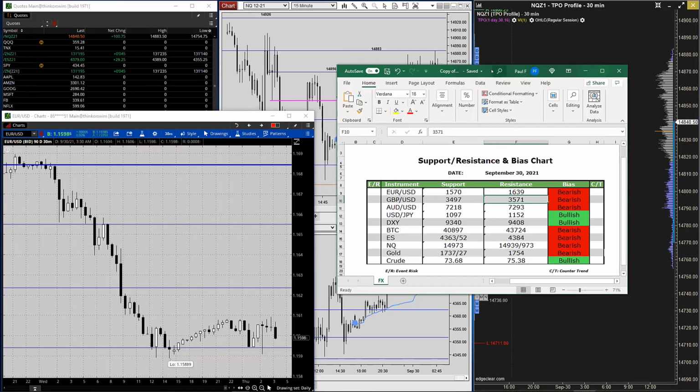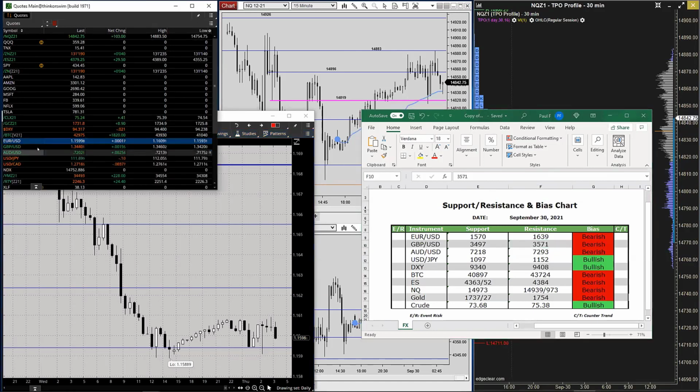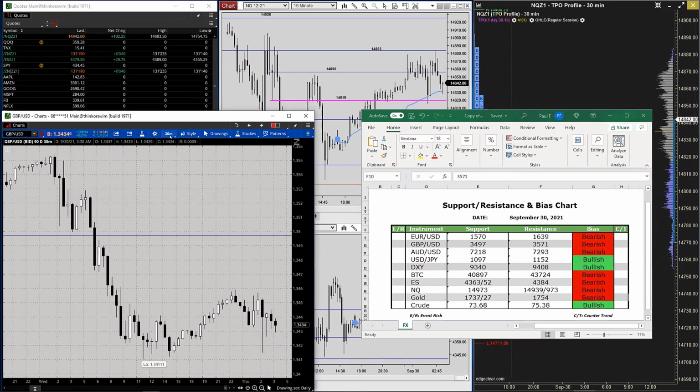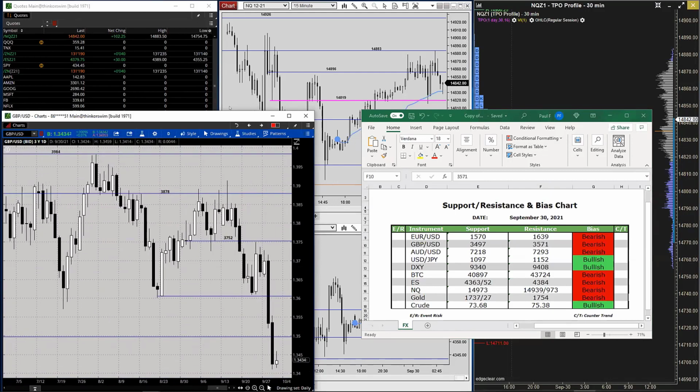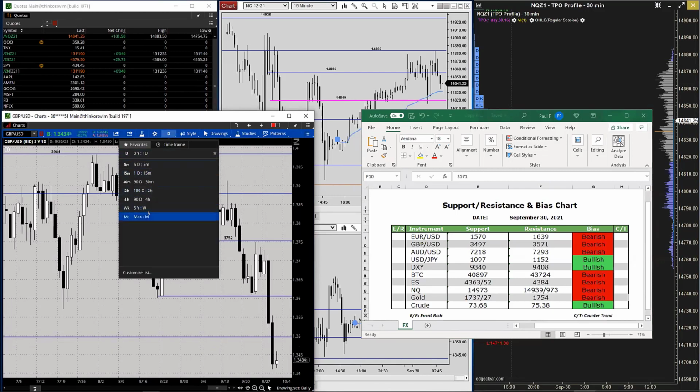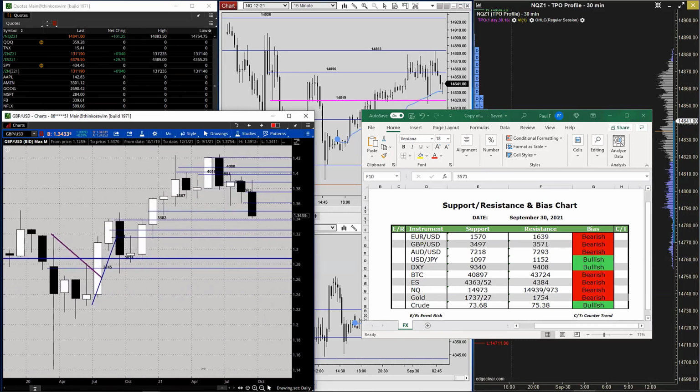And we'll move into cable. It's also taking a pretty good slide here. Comes in right there at 134 even.